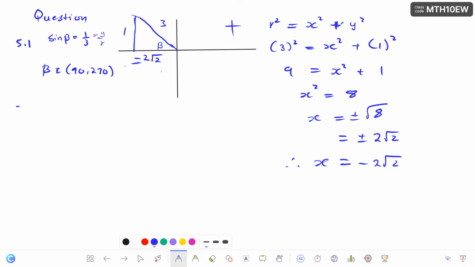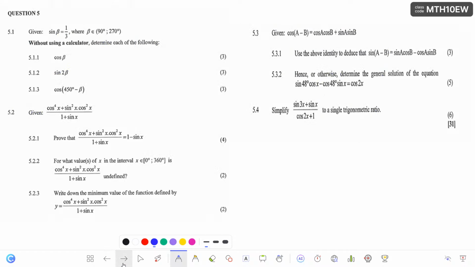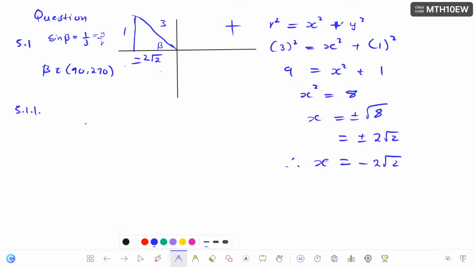So 5.1.1, they said we need to calculate cos beta. So for cos beta, we go to our graph. Cos is adjacent over hypotenuse. So it's going to be negative 2 root 2 divided by 3. That's it.